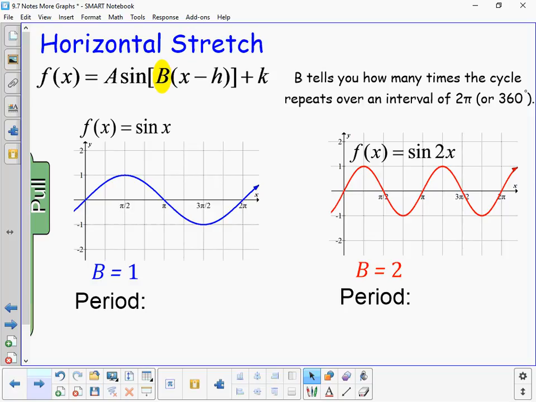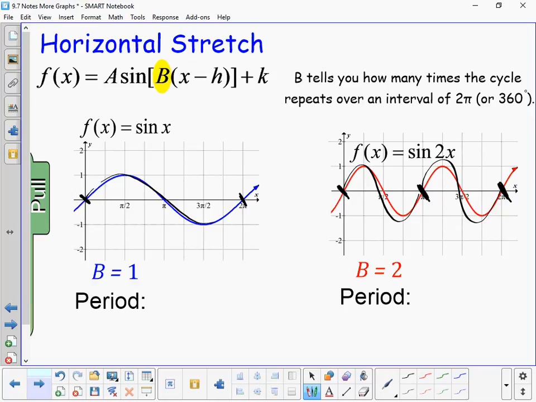So you can see here in the blue is shown the sine of x, and b is 1, so that means it has exactly 1 cycle between 0 and 2 pi. The graph in red is the sine of 2x, and that means between 0 and 2 pi, it has exactly 2 cycles. So that's what b is telling you.